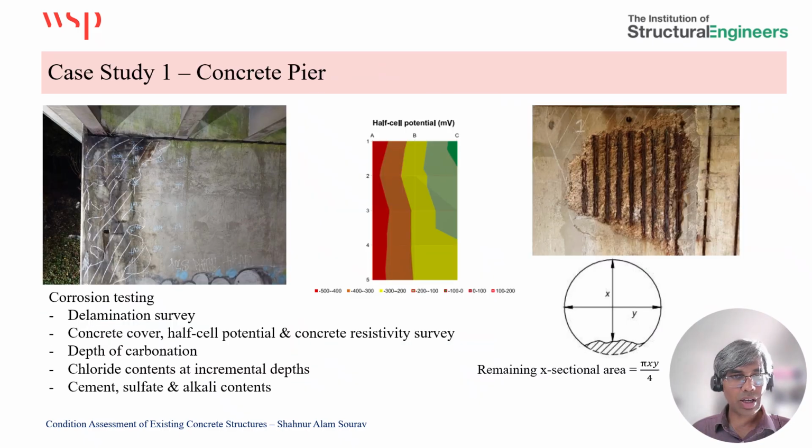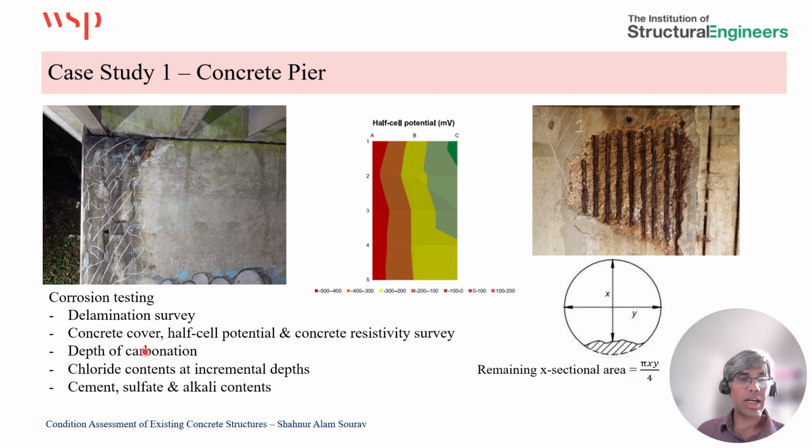I'll now talk about this concrete pier as a case study. Once we determined, based on the inspection reports, that there is a lot of delamination happening in the concrete, we already knew in this case corrosion is the problem due to the water leakage from the road surface on top. So we undertook corrosion testing. This included a delamination survey.